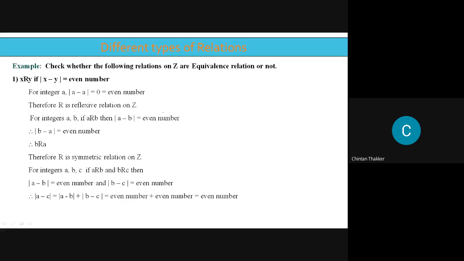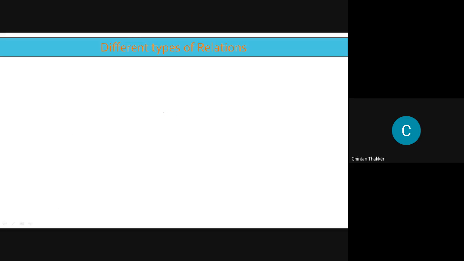So that means modulus of A minus C is an even number. So R is transitive and therefore R is an equivalence relation. Okay. We already did this example for all three relations. So that's how we covered that example quickly.